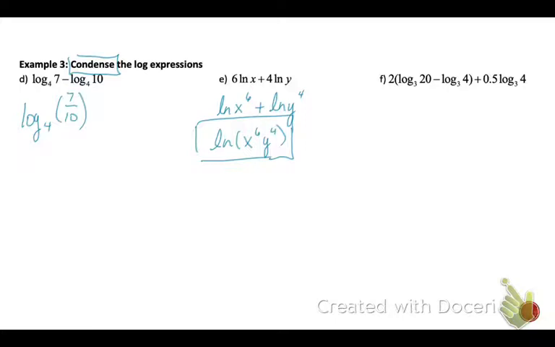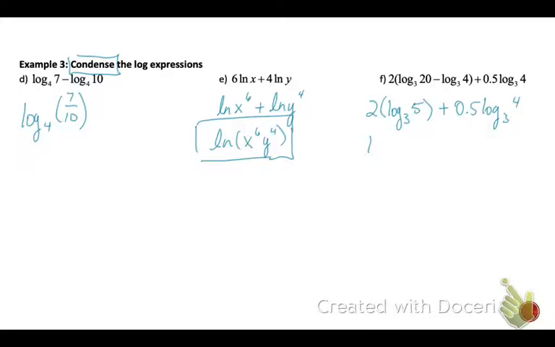Now there's a lot going on in F. I look inside my parentheses and notice that I have two log base 3 expressions that are subtracted. So I can rewrite that as division. And I'll just go ahead and divide. 20 divided by 4 is 5. So I get 2 times log base 3 of 5 plus 0.5 times log base 3 of 4.